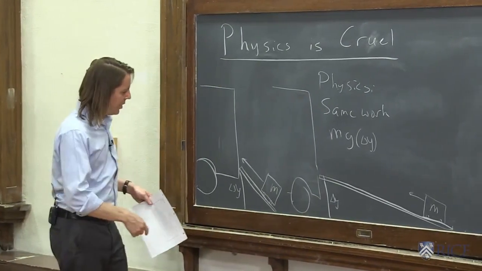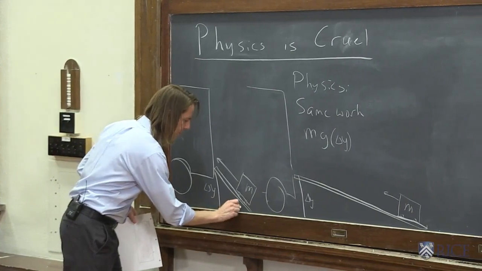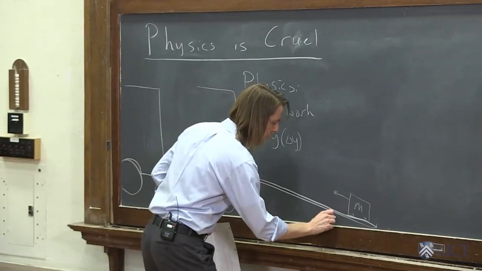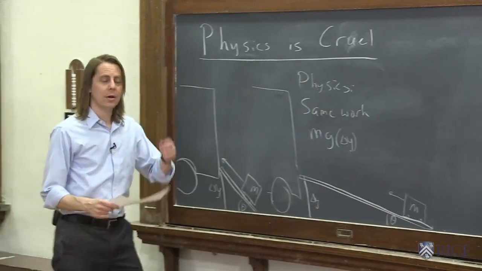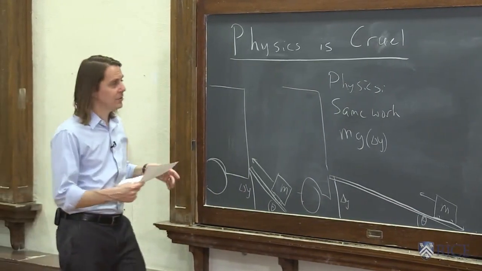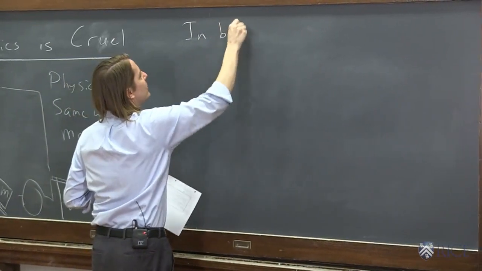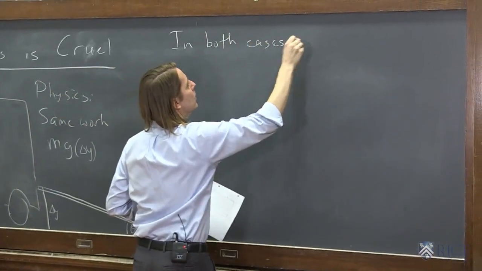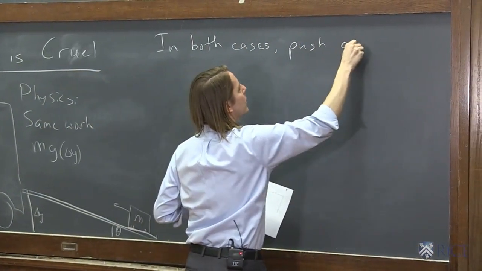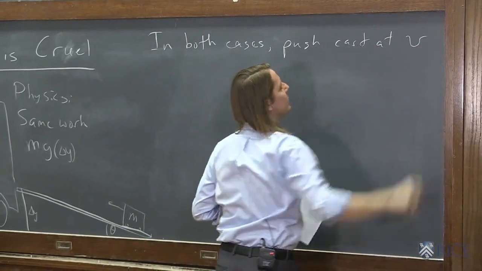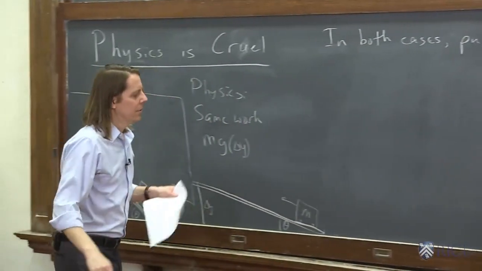So let's compare the power when we go at a steep angle compared to when we go at a shallow angle. Let's see how much power it takes as a function of angle. So what we're going to say is, in both cases, push the cart at a steady velocity v, right?